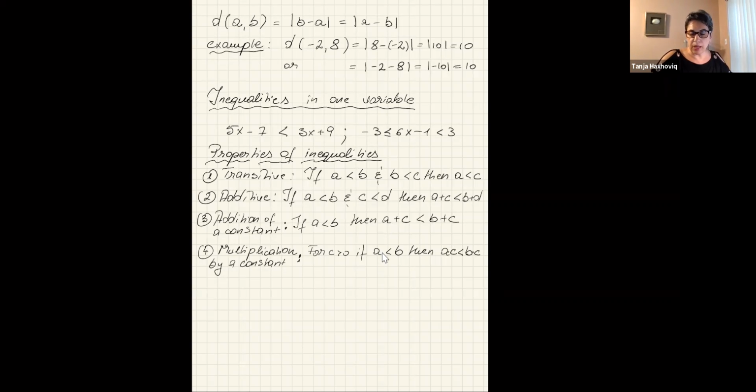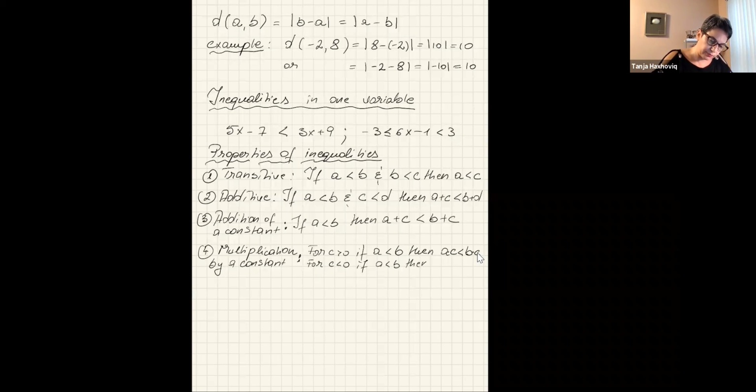So if I multiply both sides of an inequality by the same positive constant, then nothing changes. The direction of the inequality is the same. However, if C is a negative constant, then if A is less than B, when you multiply both sides of this inequality by a negative constant, the direction of the inequality will reverse.